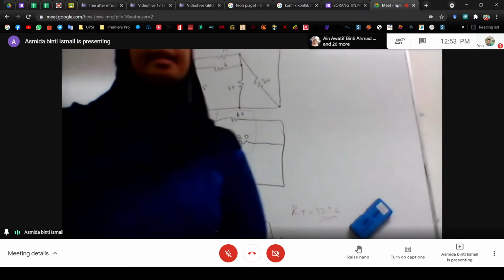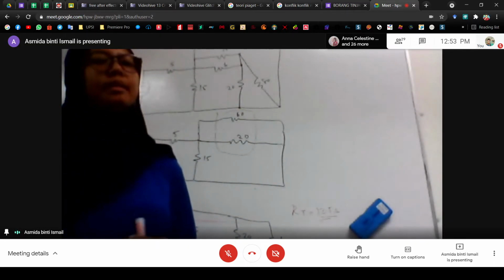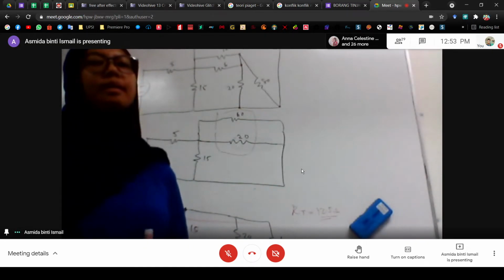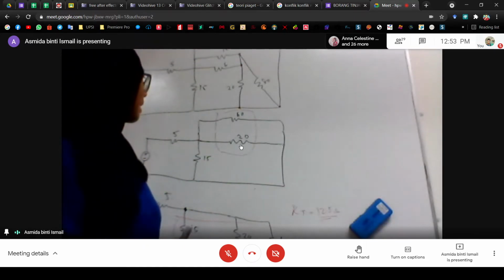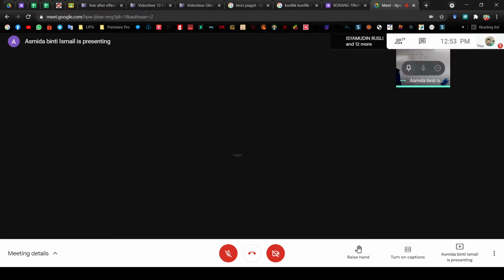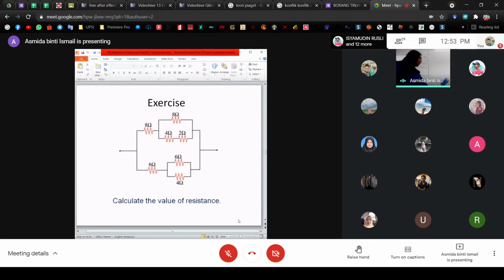Try this exercise. Cuba kira ni. Exercise yang saya tunjuk dekat slide ni. Berapa nilai dia? Berapa nilai resistance dia? Total resistance. What is the value for total resistance?